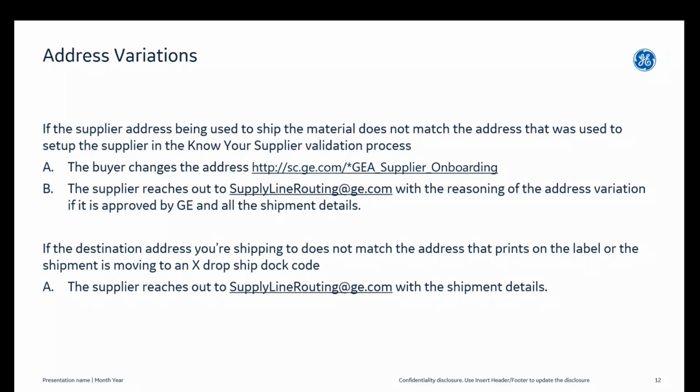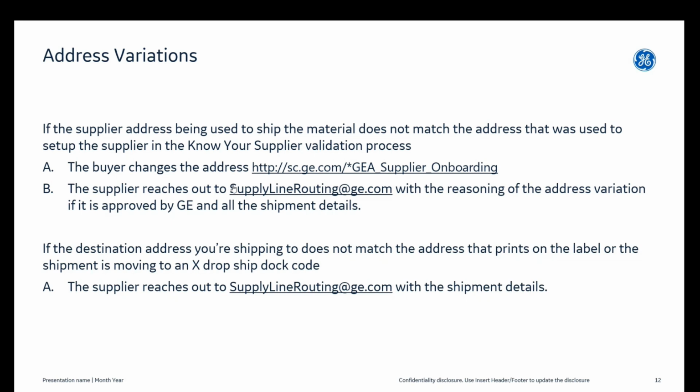If you know that you're going to have a scenario here with your supplier address, feel free to reach out to your buyer. The buyer can go to this link here. I'm giving you, the suppliers, the link for the buyers to help pass along that information, but that is where they can go to change the address. It will be a process that needs to be gone through, but we can get the addresses corrected here.